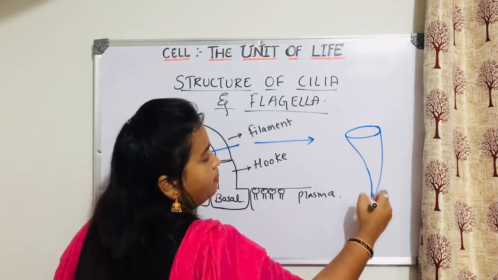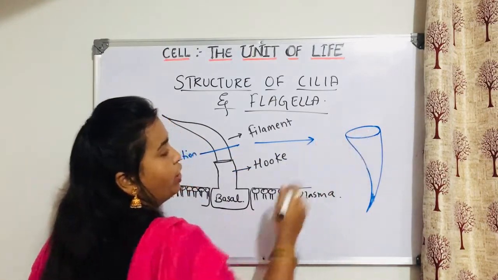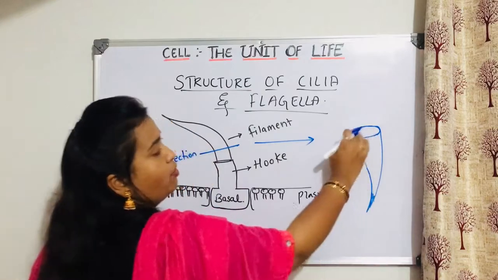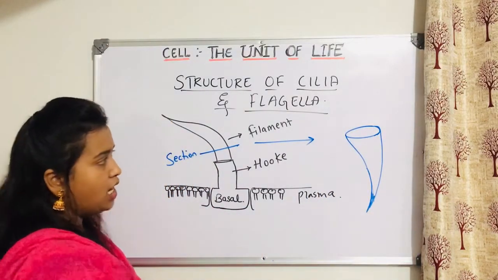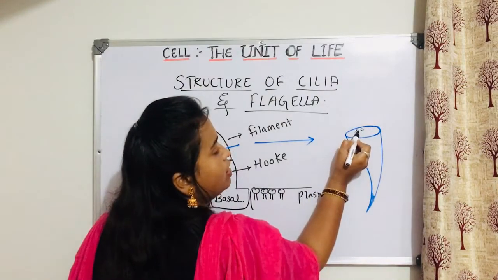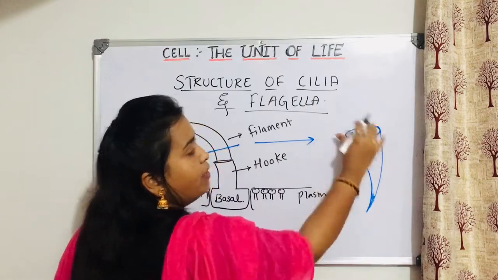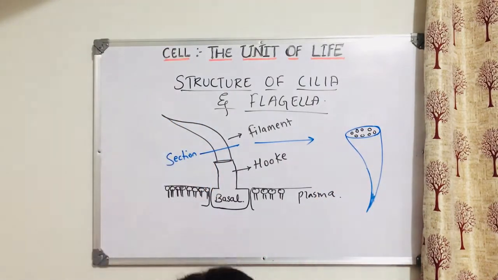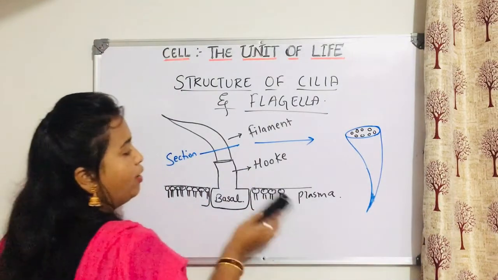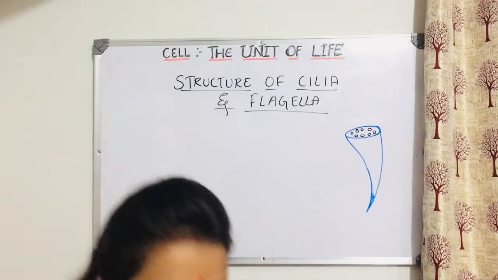So we are going to study the internal structure. Here you will see many microtubules inside, and we are talking about that arrangement. If I rub this diagram, there is no problem, you are understanding what I am talking about. Now we will see the exact internal structure.